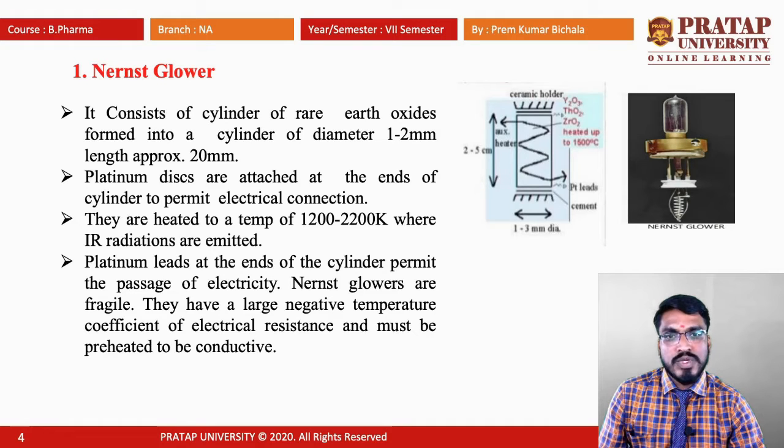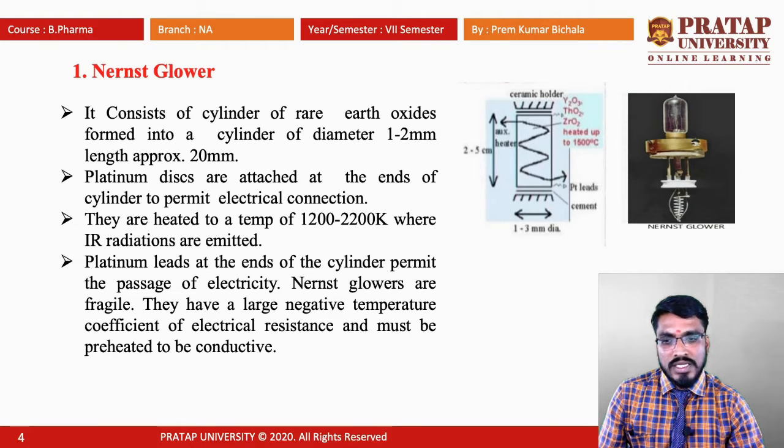Platinum discs are attached at the end of the cylinder to permit electrical connection. They are heated to a temperature of 1200 to 2200 Kelvin, where the IR radiations are emitted. The platinum leads at the end of the cylinder permit the passage of electricity.